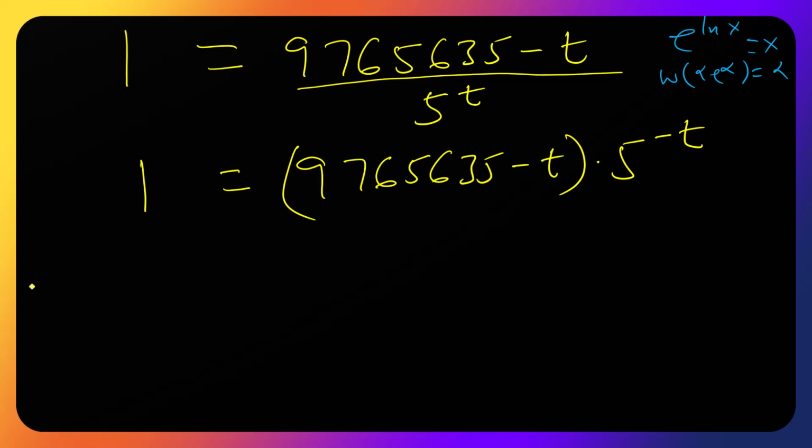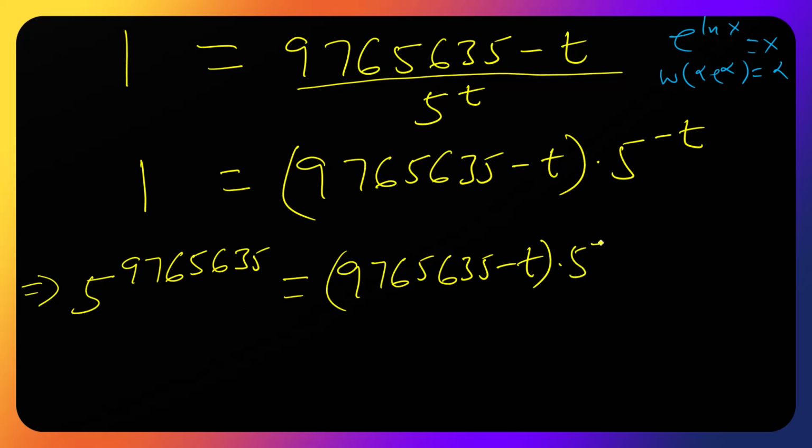So that will be 5 to the power minus t times 5 to the power 9765635. So we have this information.